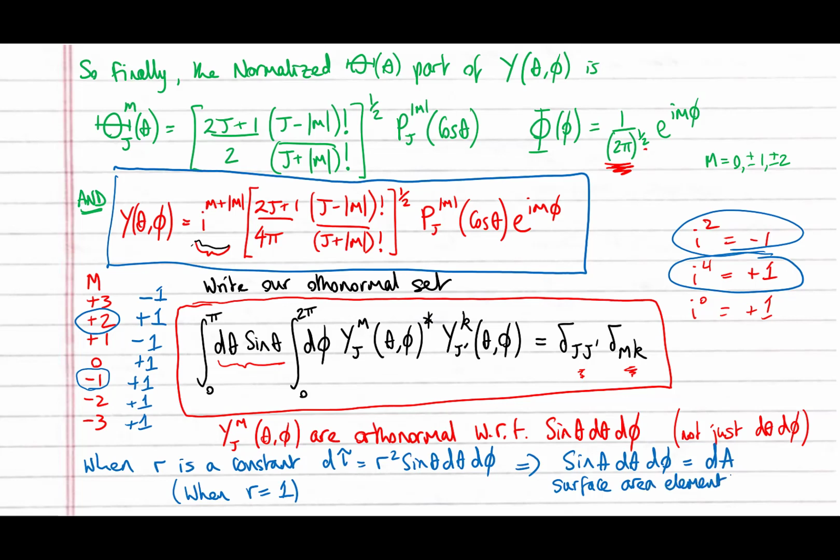Just like we had a volume element, like an infinitesimally small volume element, this ends up being our surface area element for a sphere of radius r equals 1.